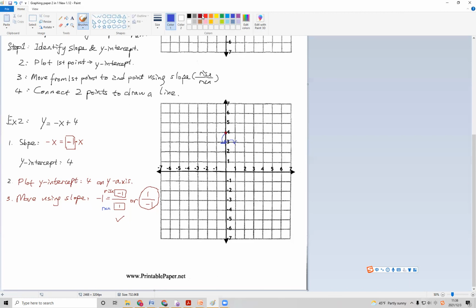Now my second point is right here. If you want more points, go down, go to the right, and you have another point. Just in case you want more points to make your line exactly on the right spot.